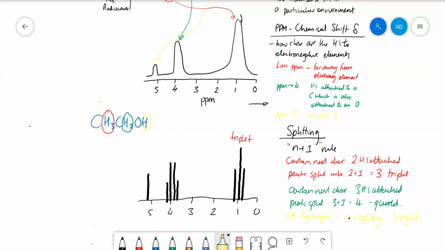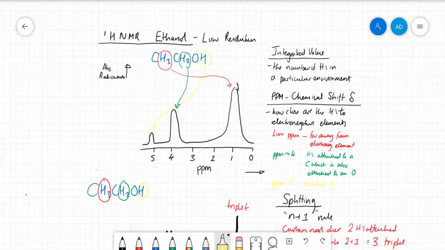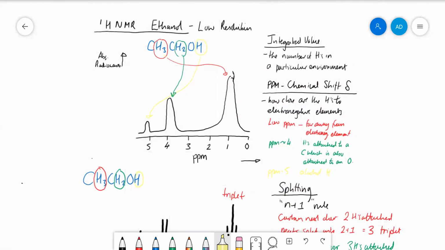There are 3 properties of each peak. First of all, the integrated value. That tells you how many hydrogens in that environment. So a CH3 is going to have an integrated value of 3, CH2 will have an integrated value of 2, and so on.